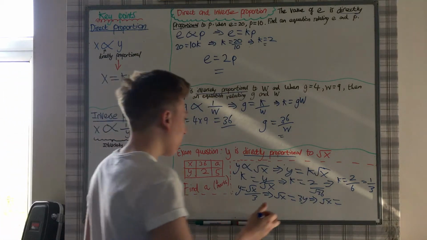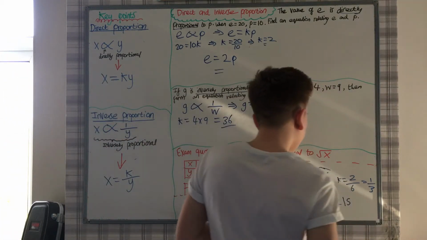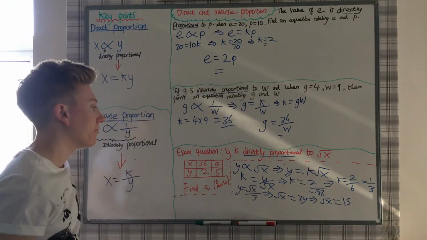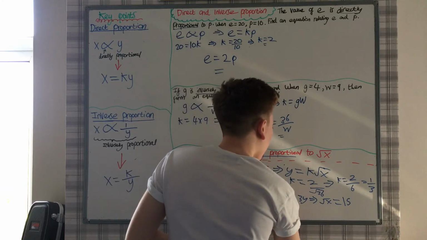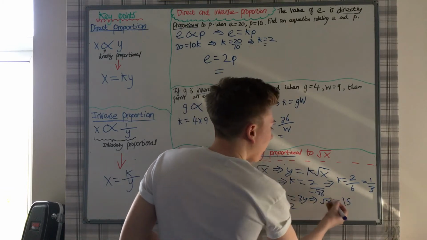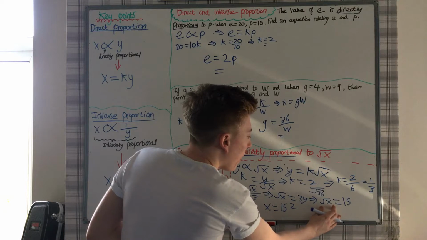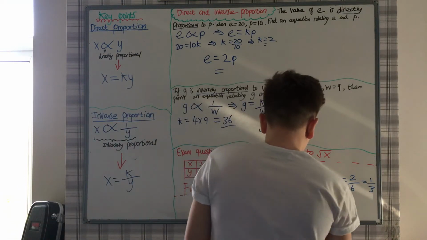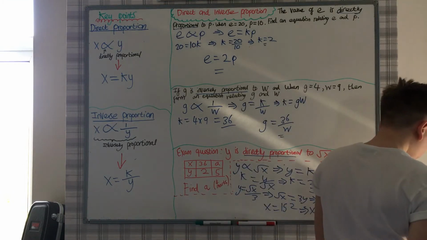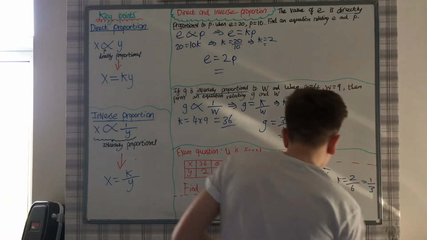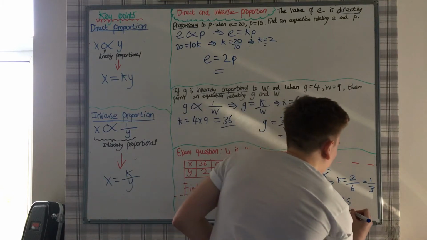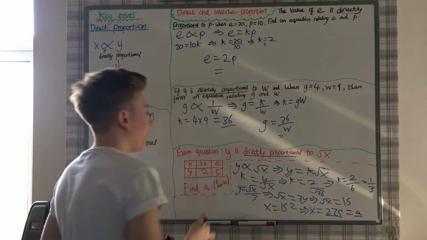Okay? Because we've just substituted 5 in as y. So x is equal to 15 squared, squaring both sides of the equation to get rid of the square root on this side. And so x is going to be 225, yes, that's 225, which equals a, because that's the value we're told to find in the question.